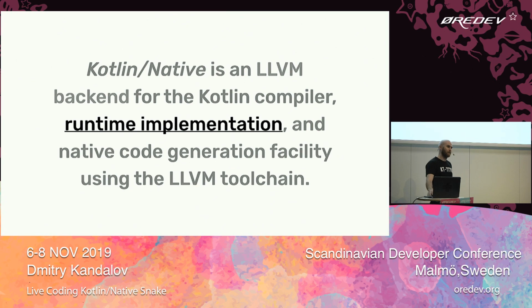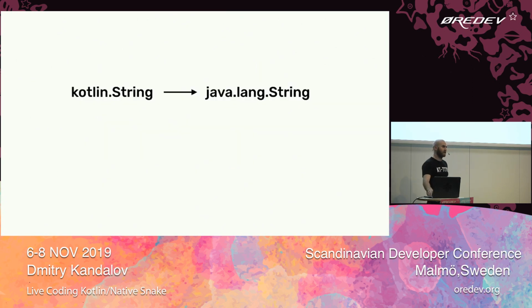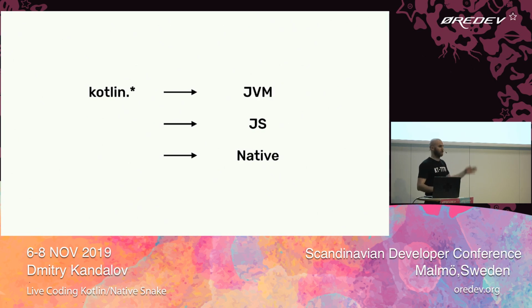And the last thing is the runtime implementation. In Kotlin, at compile time, for example, you use a class called kotlin.String. At runtime, it becomes java.lang.String. On JavaScript, if you compile to JavaScript, it becomes a JavaScript string. And for Kotlin Native, it becomes KString. It's C++ code. There are a bunch of those classes in the Kotlin package which compile to the appropriate platform-specific code.